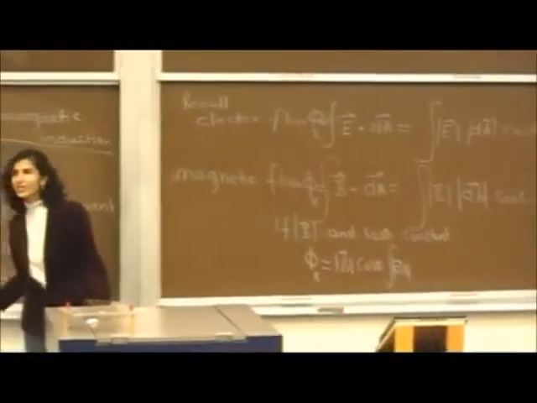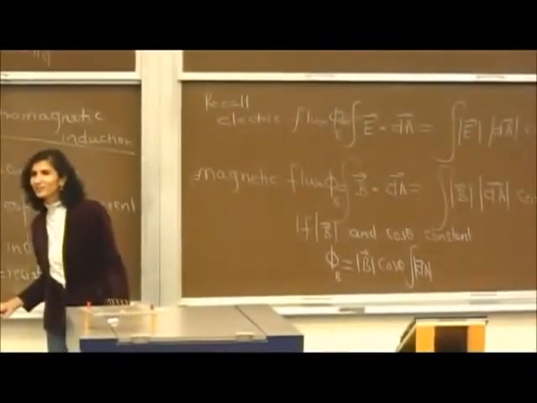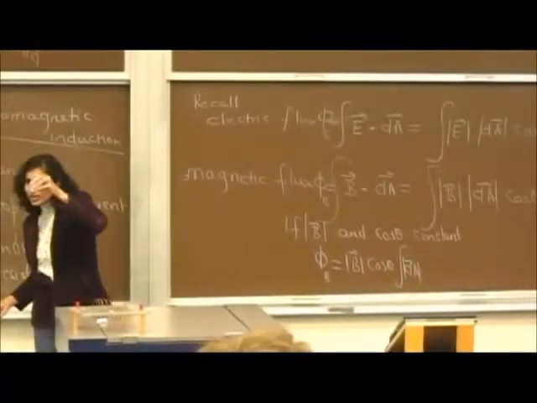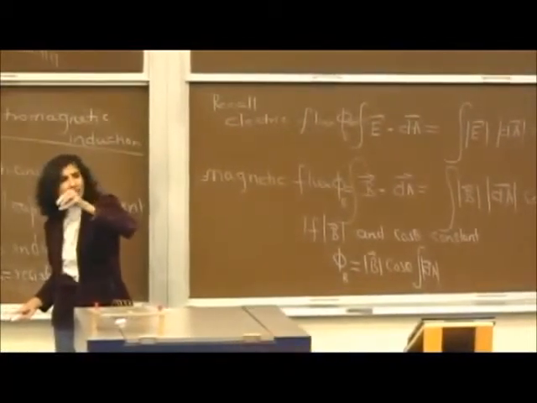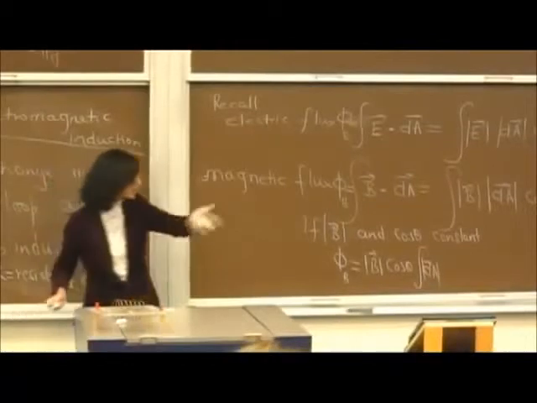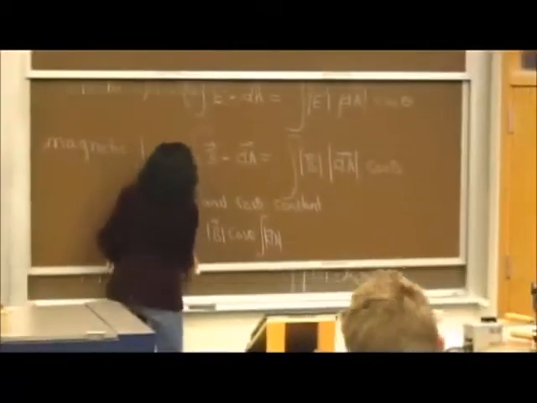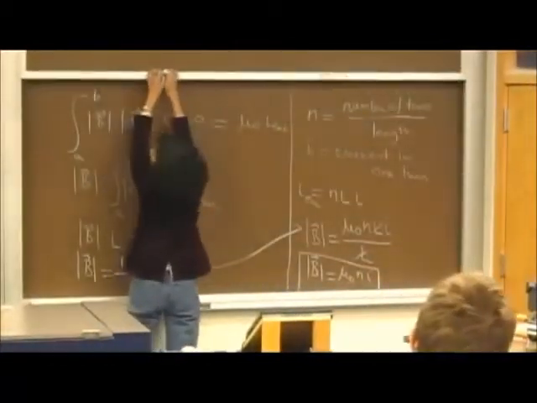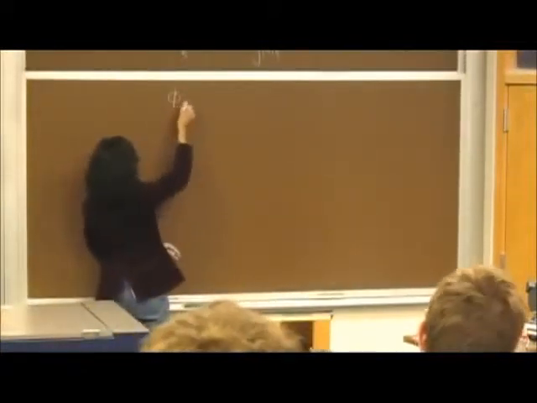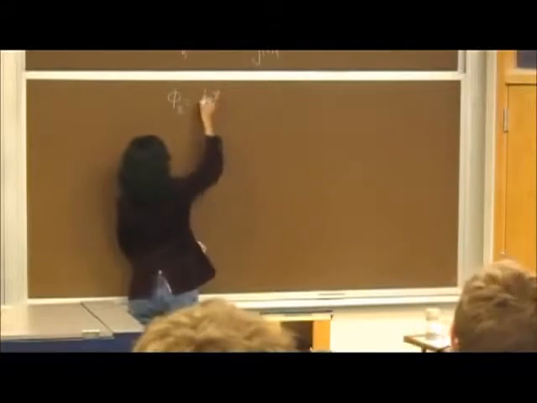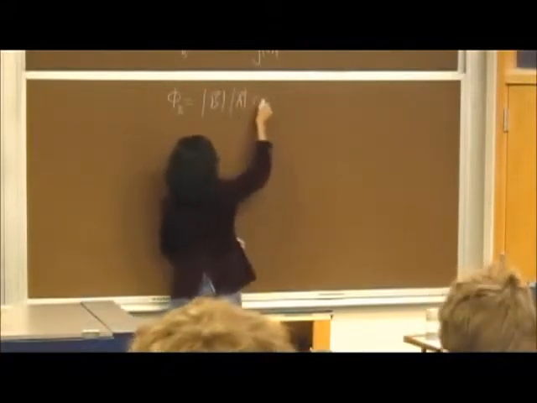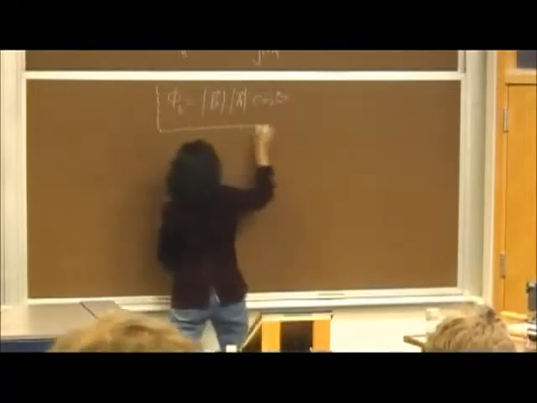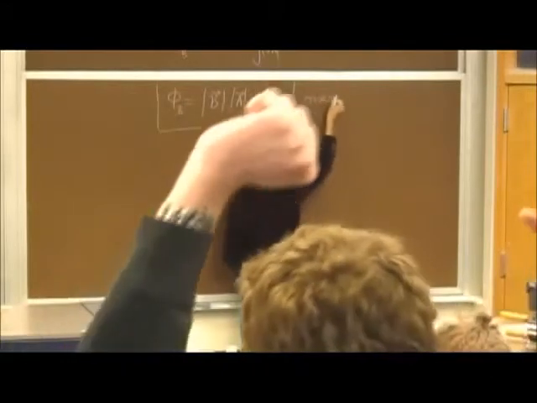Is that the total surface area? Right? All you're doing is integral means adding up, summing. You're summing all the little areas, dA, dA, dA, dA. When you add it up, you get the total surface area. So what you have is this. Phi of B is equal to magnitude of B, magnitude of total area times cosine theta. This is the magnetic flux.